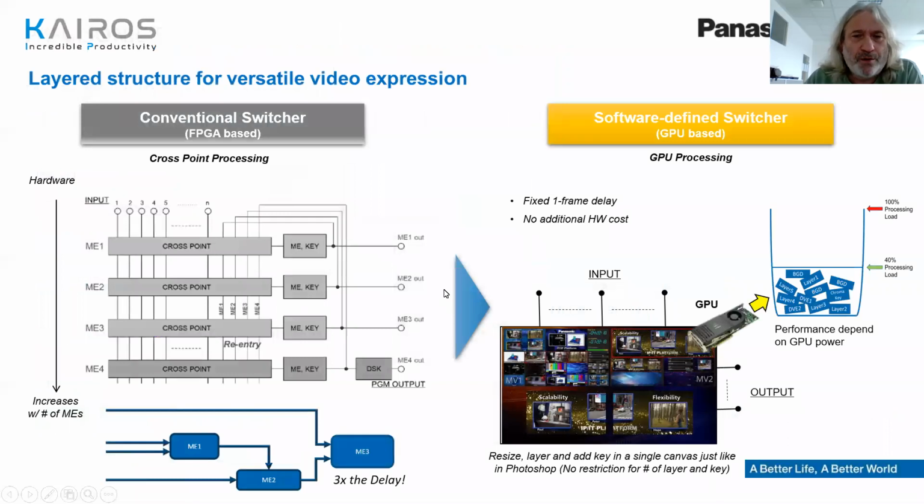Typically, when we're talking about the comparison between the conventional FPGA-based switcher and a software-defined switcher running on a GPU, we determine that we have a 1 frame delay from input to output, so let's say in a beautiful world, every source is in sync and we're not putting any DVE channels into it, even though the GPU-based system will always mimic an ME workflow to mimic what a TD knows already from other switchers. However, with the ME, typically we cannot predict at any point in time how much delay we have in here.